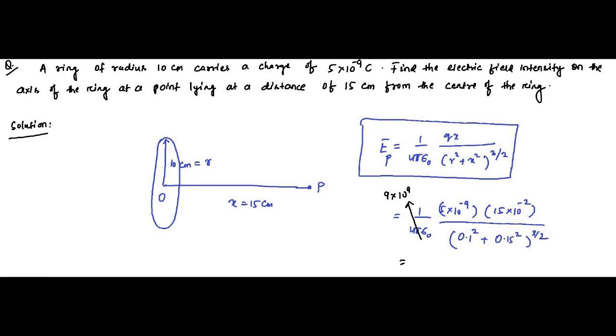If we put these values, the result is coming around 1152 Newton per coulomb, rounding it off. So this is the result.